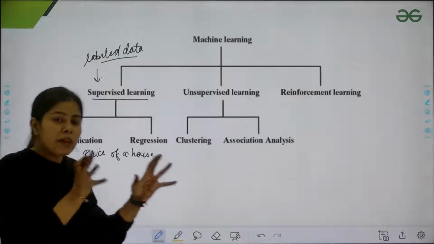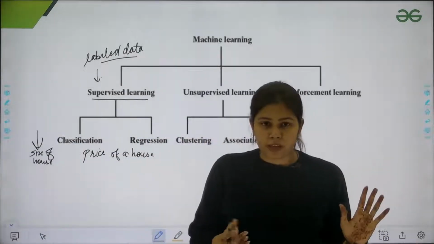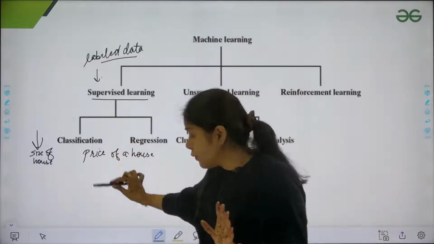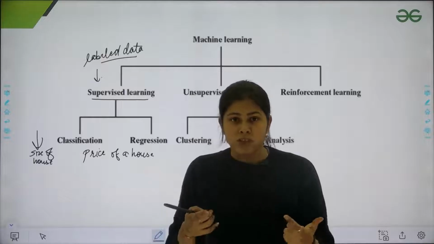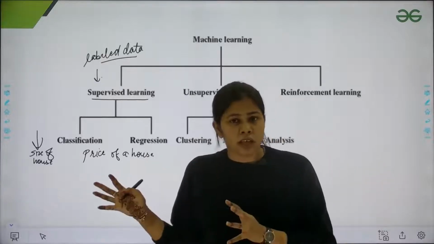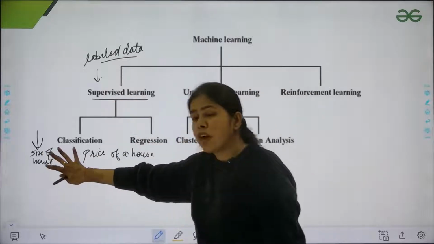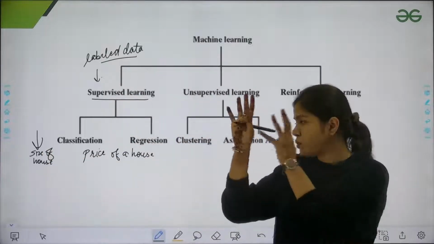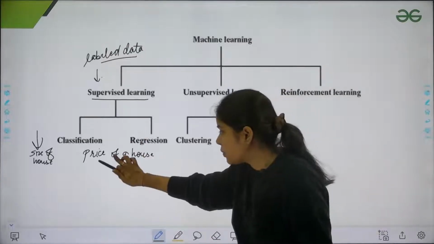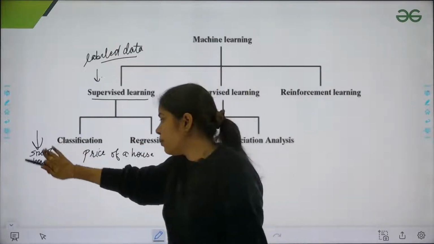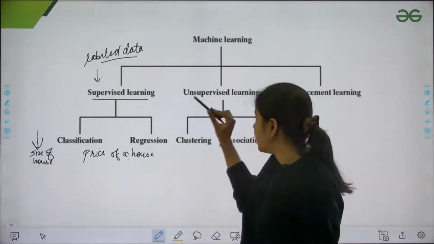That means I'll provide the machine the size of a house, and it would predict the price of the house, right? And we have given the data in a similar manner to the machine for training purposes. The machine is doing the training based on the training data. So I'll provide all the sizes of a house and, corresponding to that, the price of a house. This is my output variable. That means I am predicting the price of a house, and I have a feature that is size of a house. So this is my labeled data.